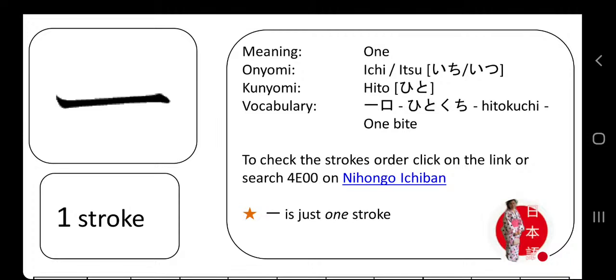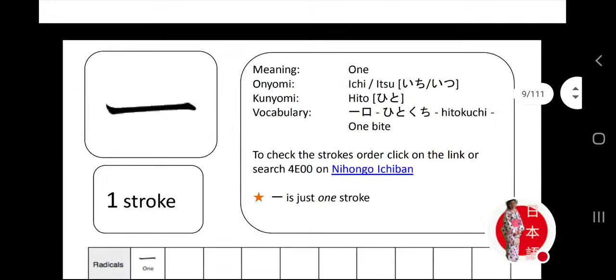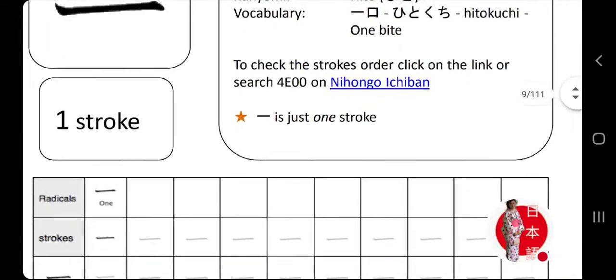For example, in vocabulary, we have hitokuchi. Hitokuchi is one bite. Isang subo sa Tagalog. So this is ichi, hito. Ichi is one. So how do you write it? This is a sample.